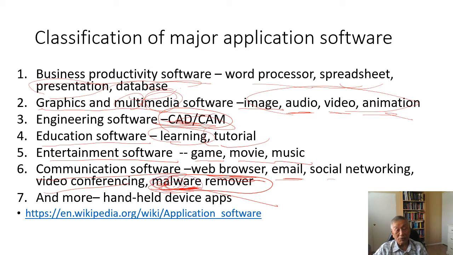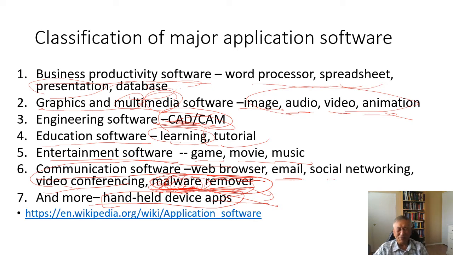So malware, viruses or worms, those kinds of things, and the pop-up advertisements on your screen, those things being removed. That kind of software is a very important group, and there are a whole bunch. And then, of course, handheld device apps, what we know as your smartphone apps.